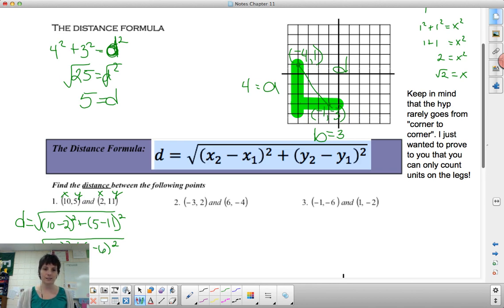So my distance is equal to the square root of 64 plus 36, which is the square root of 100, which is 10. Now, next video, let's just go ahead and do the midpoint formula. We'll do some more practice problems together.